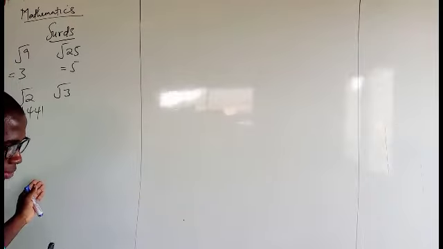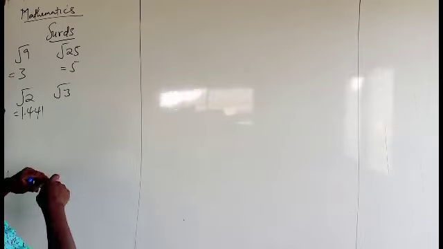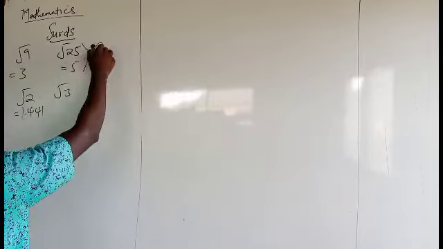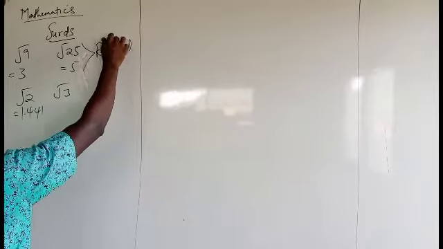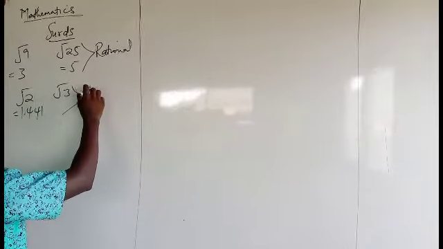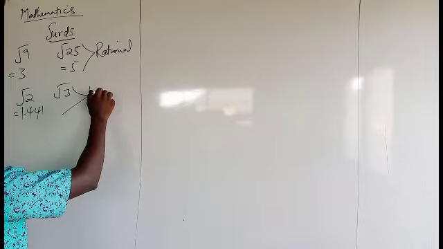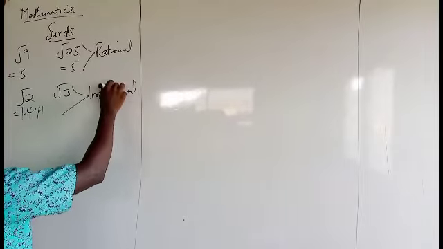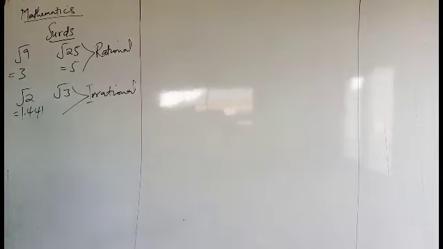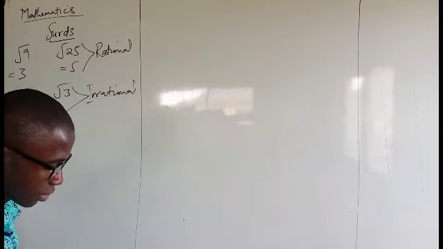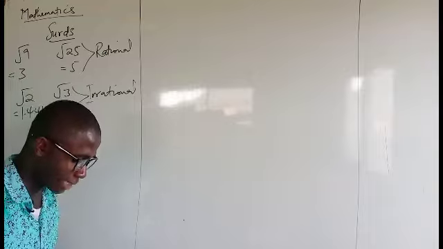So these are called irrational numbers. Rational numbers give us the exact value, while irrational numbers do not give us the exact value.